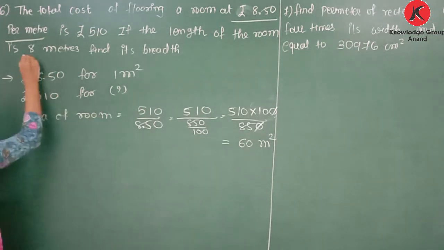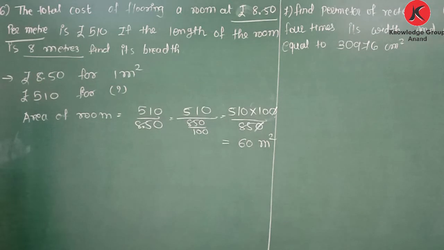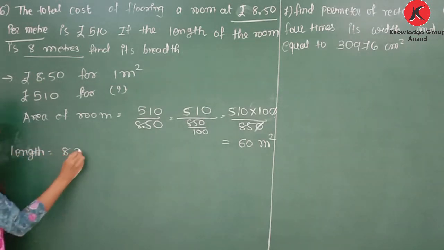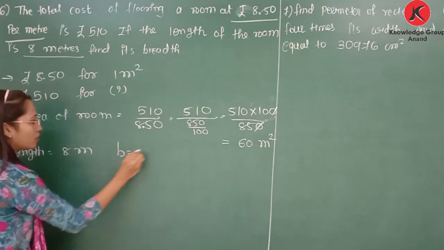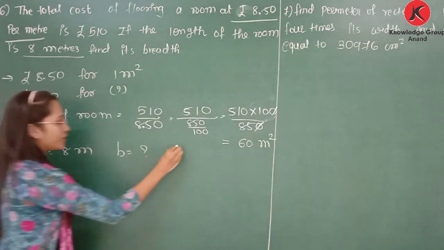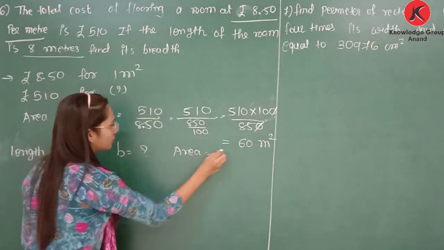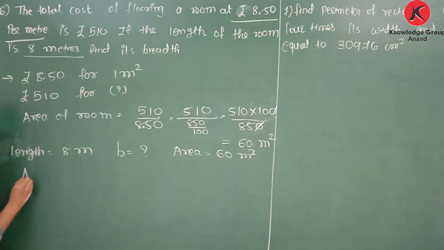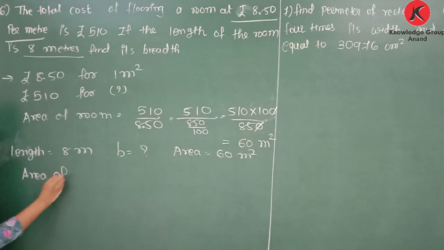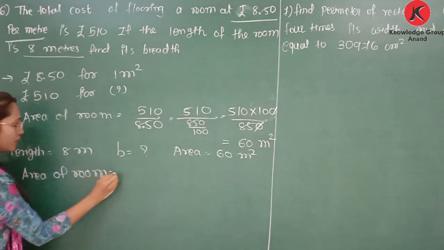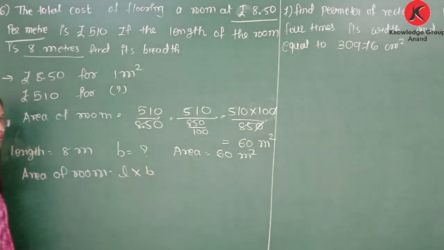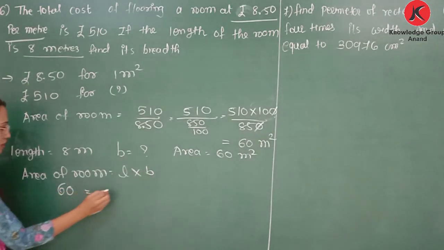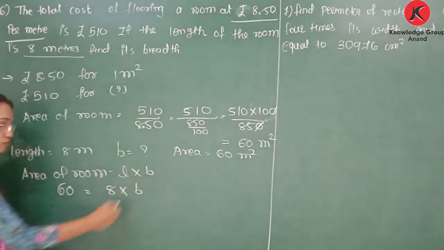Now the length is given, 8 meter. What we need to find is the breadth. And the area we found is 60 meter square. So we can write the area of the room is L multiply B. Area is 60, length is 8, B we need to find.